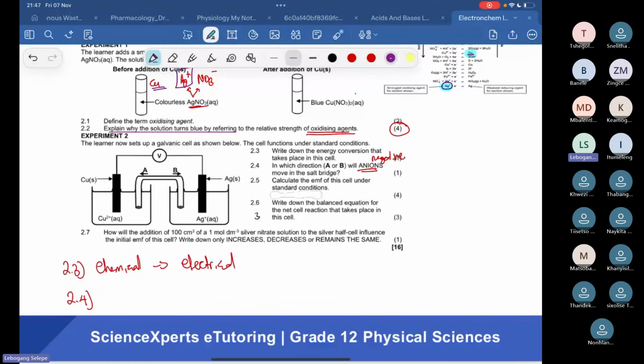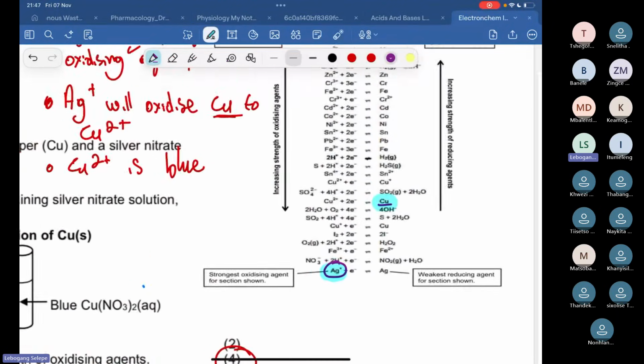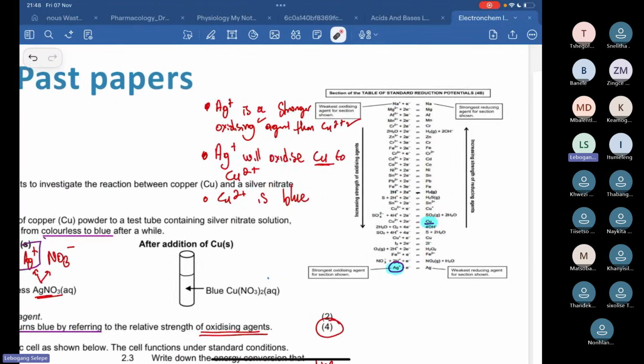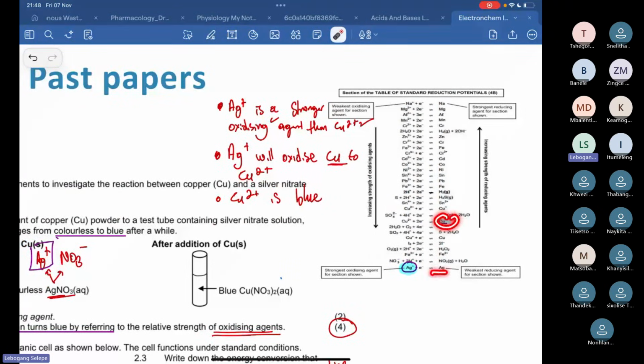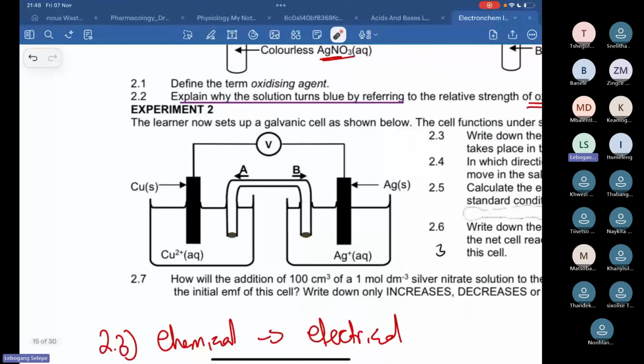That's not true, because if I come here, I see that Cu is above silver. So how is it that Cu is not the one being oxidized? Cu is the one that has to lose electrons, because it's above Ag. So Cu needs to lose its electrons.